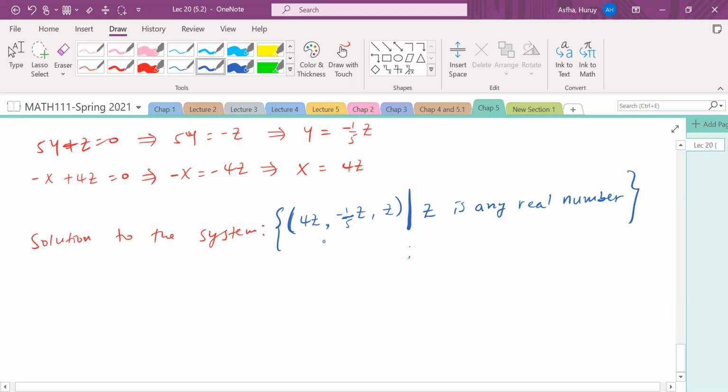So basically what we are saying here is, if you pick any real number and solve for each of these, for example, let's say z is negative 2, then this becomes negative 8, this becomes 2 over 5, and that becomes negative 2 itself.